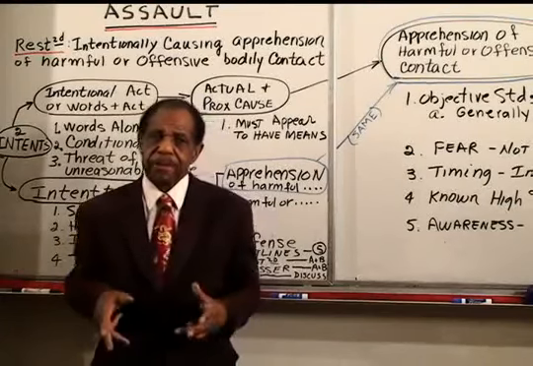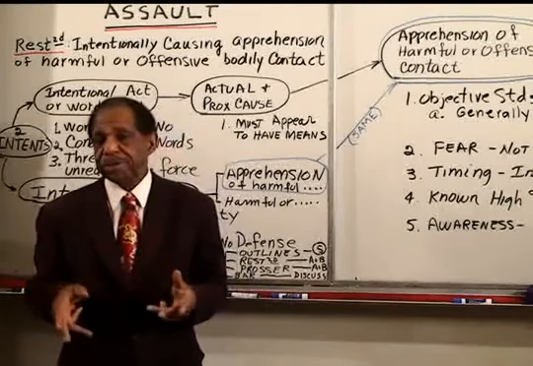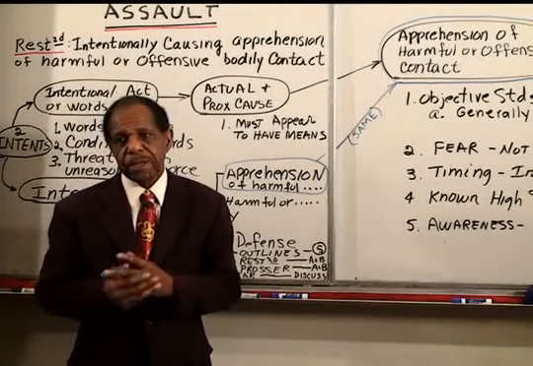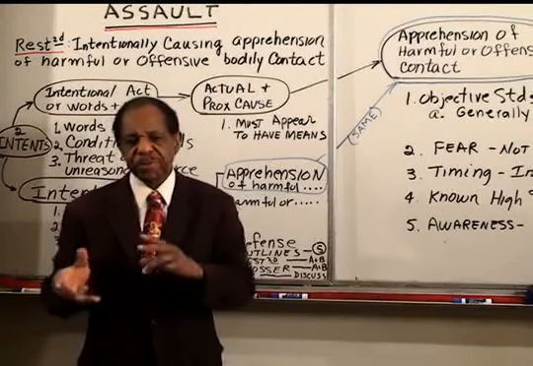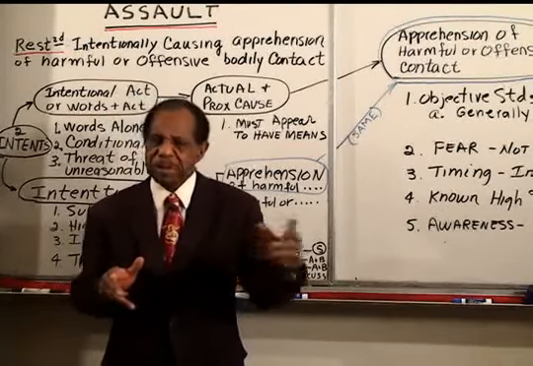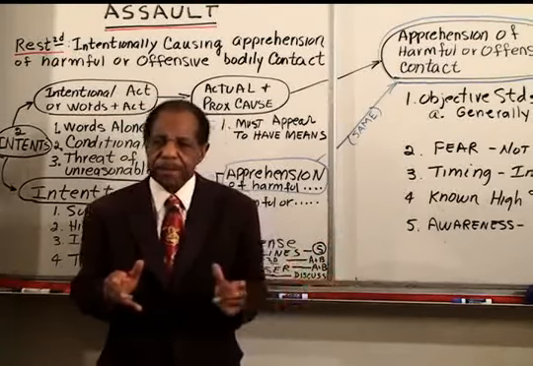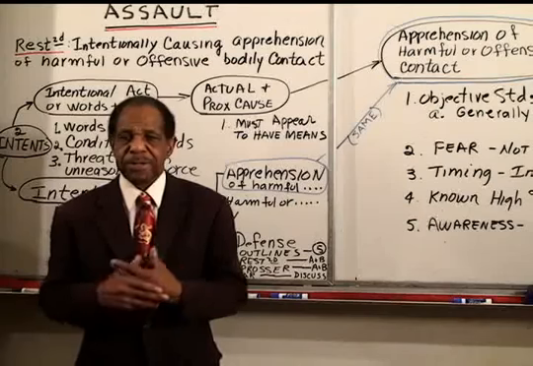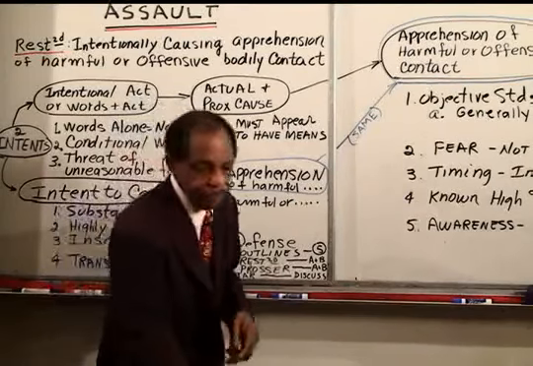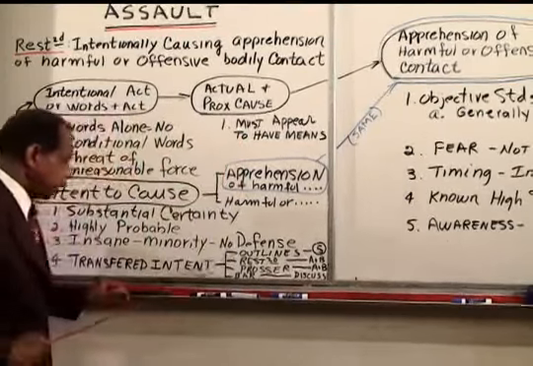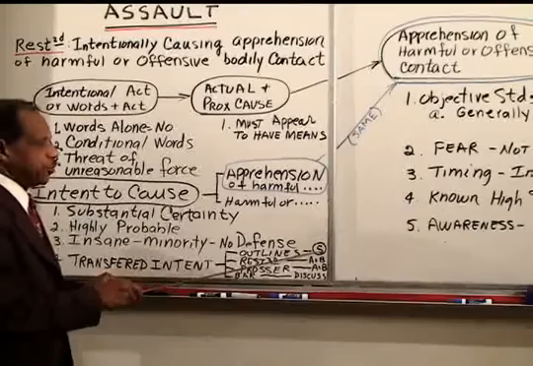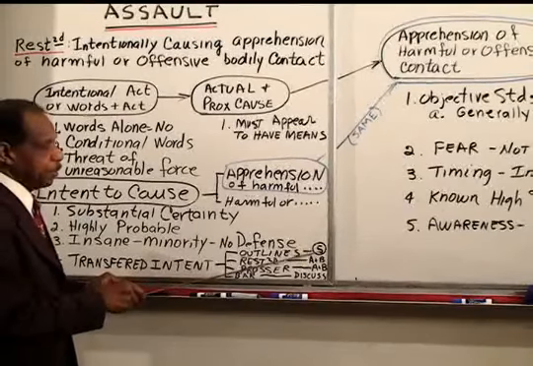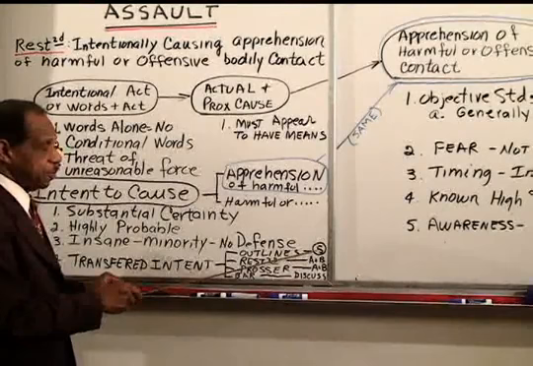In his second edition, Prosser changed his mind. And he said, I don't think so anymore. I think that you should be able to transfer intent between assault and battery, but I'm not so sure about the others. And so what happened then is that some places you will see, like in the bar outlines, that they generally say that you can transfer intent among all 5 of the common law torts, and from person to person also.